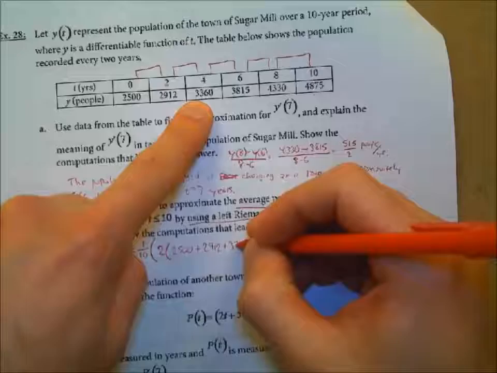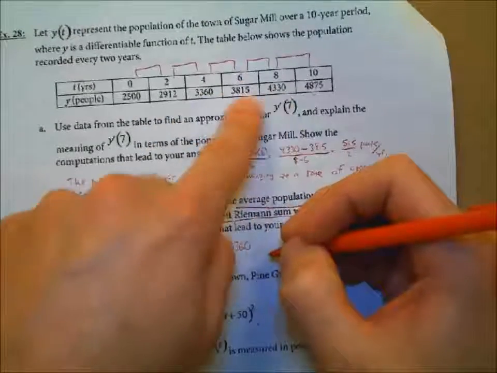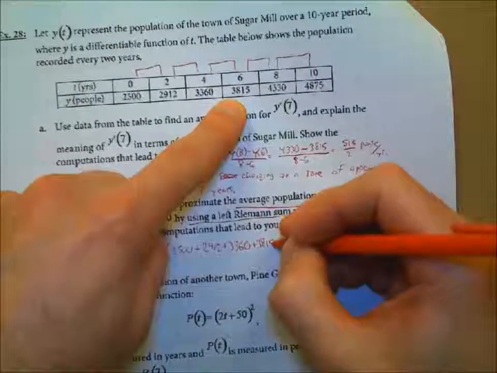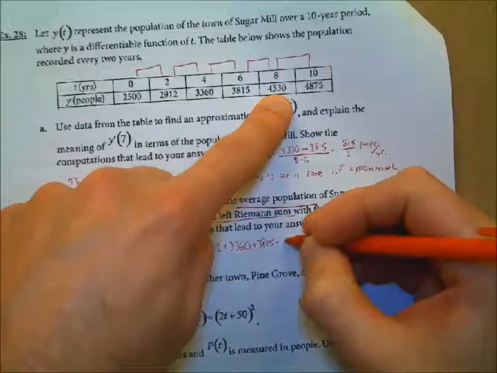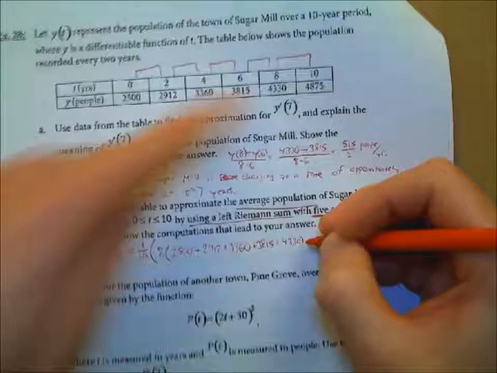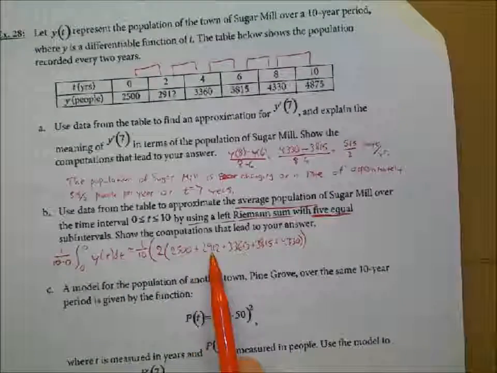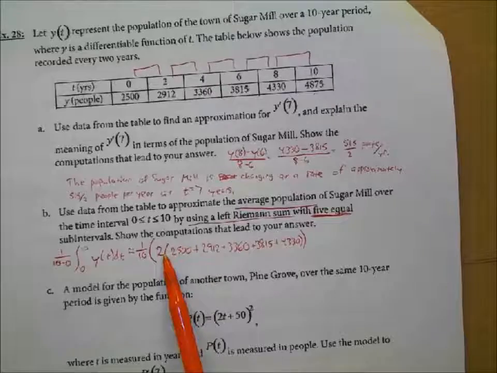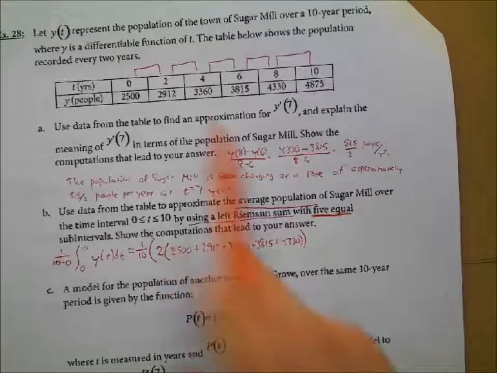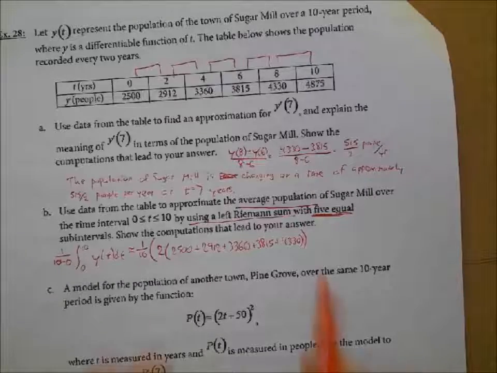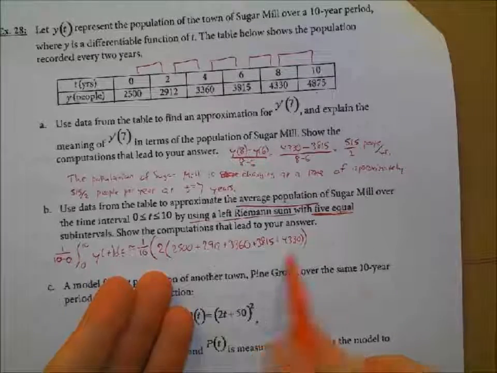It'll be 3,360, then for the next to last interval, 3,815, and then finally 4,330. Each one of these heights will get multiplied by the width of 2. All these widths are 2. And then we can leave it like this. Actually, we can just leave it and say that's our answer.